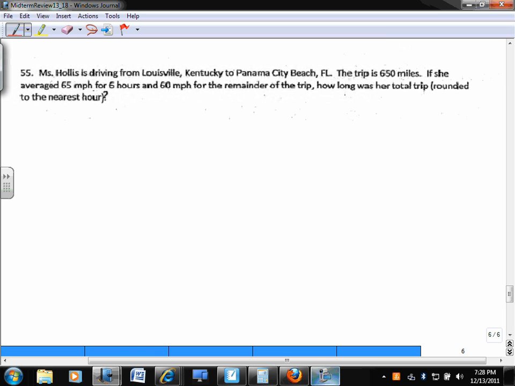Okay, Miss Hollis is driving from Louisville, Kentucky to Panama City Beach, Florida. The trip is 650 miles. If she averaged 65 miles per hour for 6 hours and 60 miles per hour for the remainder of the trip, how long was her total trip, rounded to the nearest hour? So let's see. She has 650 miles.